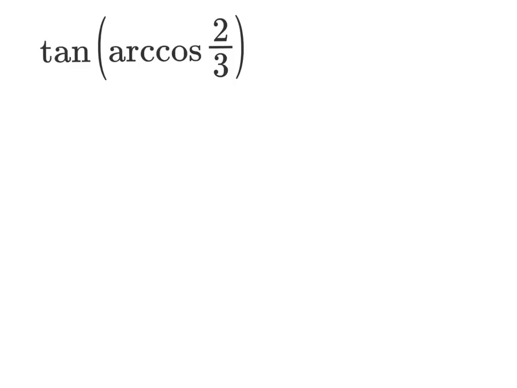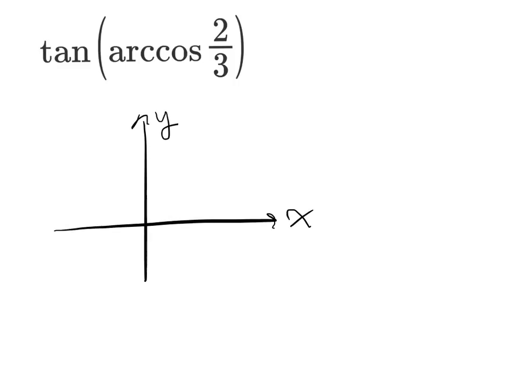Now in this next example, we're going to be combining different functions. So not just tan and arctan or cos and arccos, we've got tan and arccos. So first what we're going to do is determine in what quadrant this angle must lie. Well, looking here, 2/3 is a positive number. Cosine is positive in the 1st and 4th quadrants.